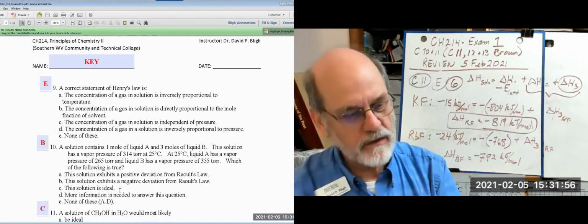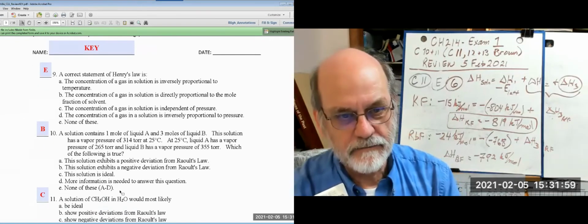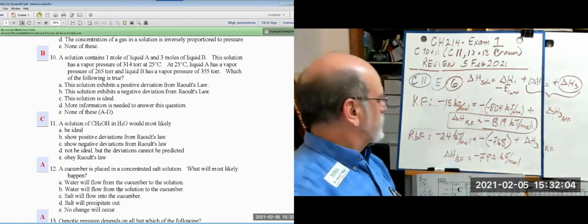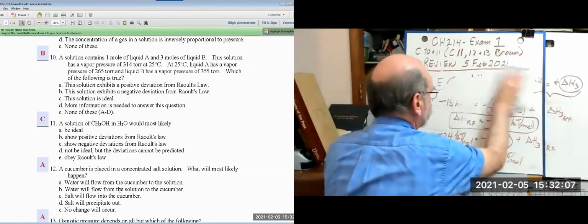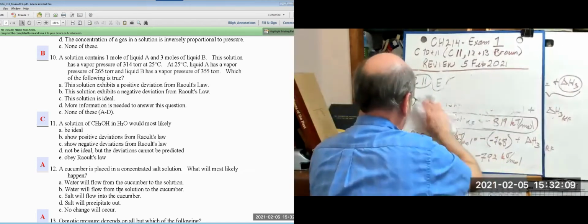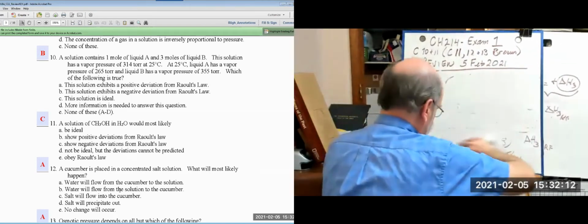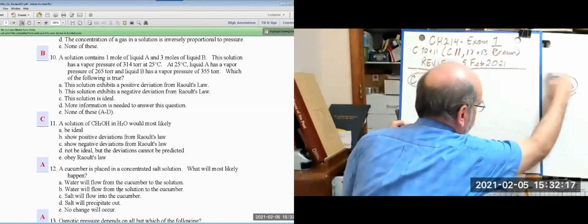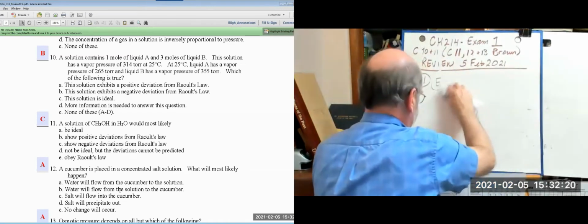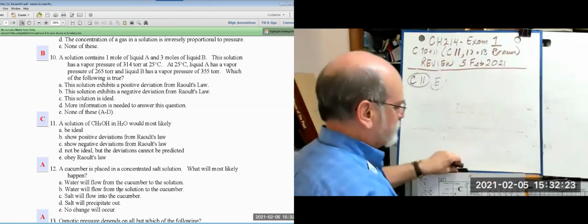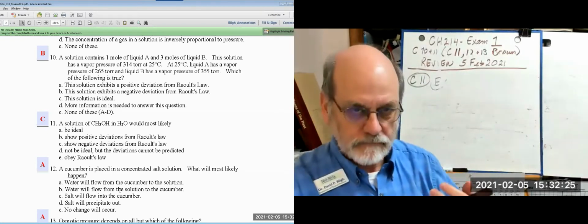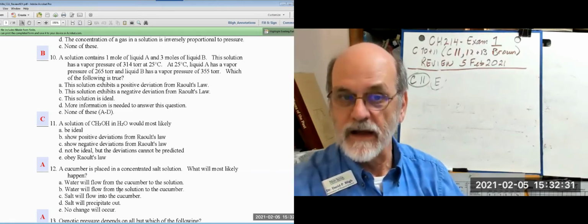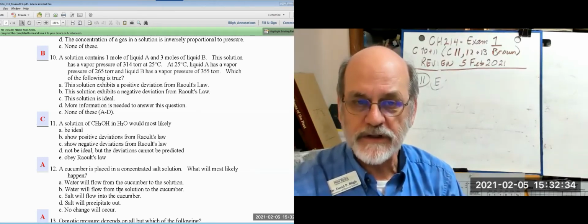All right, let's see how we're doing here. Skip down to 10. Okay, a solution contains 1 mole of liquid A and 3 moles of liquid B. This solution has a vapor pressure of 314 torr.